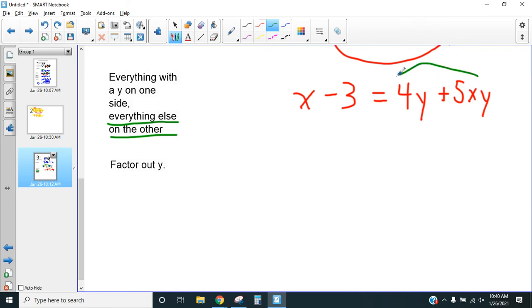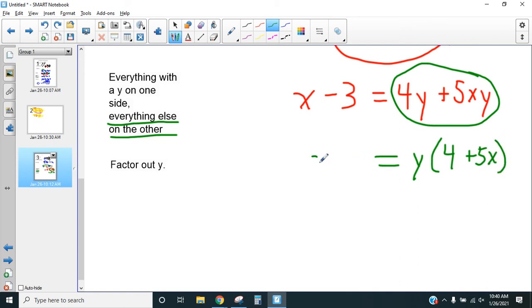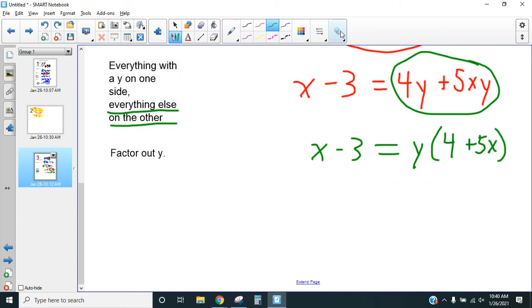All right, so over here, they each have a y in common. It's not really the last thing, I guess. Last step. Yeah, divide that son of a gun.